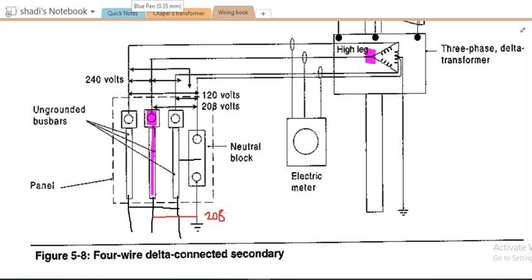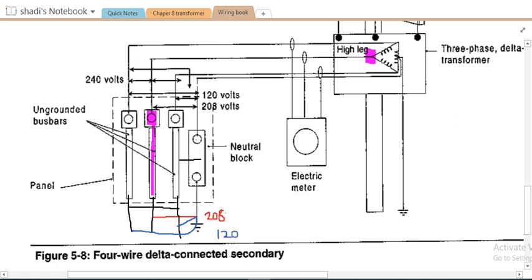Now the voltage level between the neutral and line number 2, let's say, and the neutral and line number 3, this voltage level between the neutral, this is not the grounding, sorry, the neutral, and line number 1 or line number 3 is going to be what? 120.